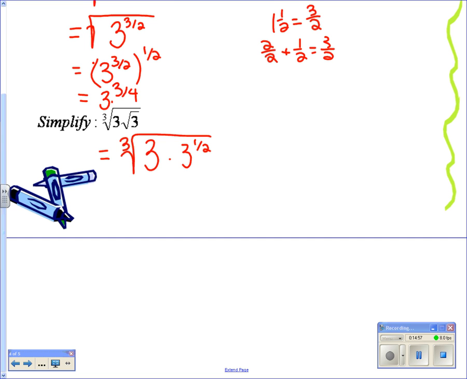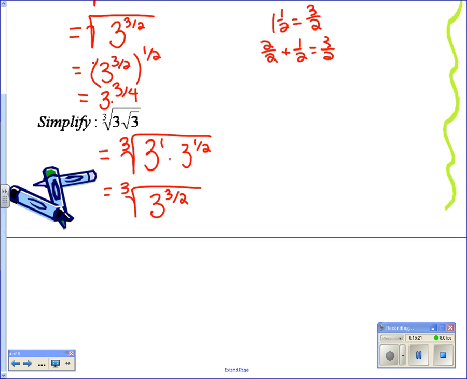What happens to these two? You multiply them, and how do you multiply them? You add the exponents. So it stays as 3. What's the exponent here? 1 plus 1/2 is 3/2. Does that make sense? Okay.